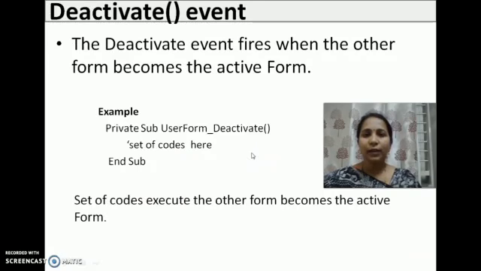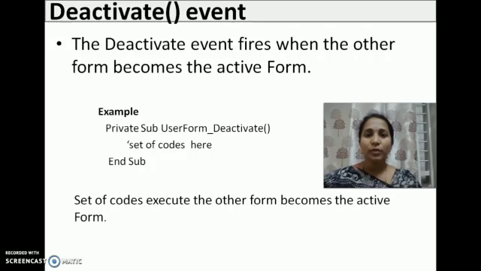We have another event, that is the deactivate event. In order to use this event, you should have at least two forms in your project. Say you have two forms, Form1 and Form2. You know how to add forms using the Project menu. A form becomes deactivated when you are switching from Form1 to Form2.